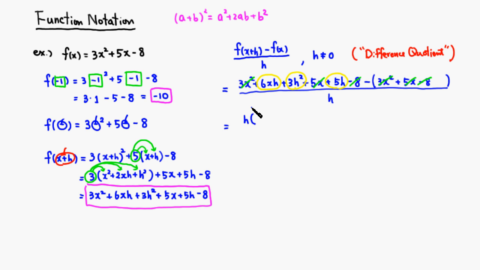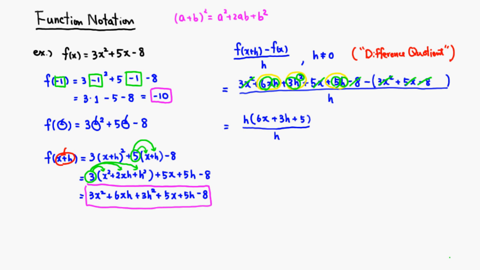If you factor h out, what's left is 6x. Then from 3h squared you still have 3h left, so plus 3h. And from 5h, you have 5 left, so plus 5. Then we have all over h.